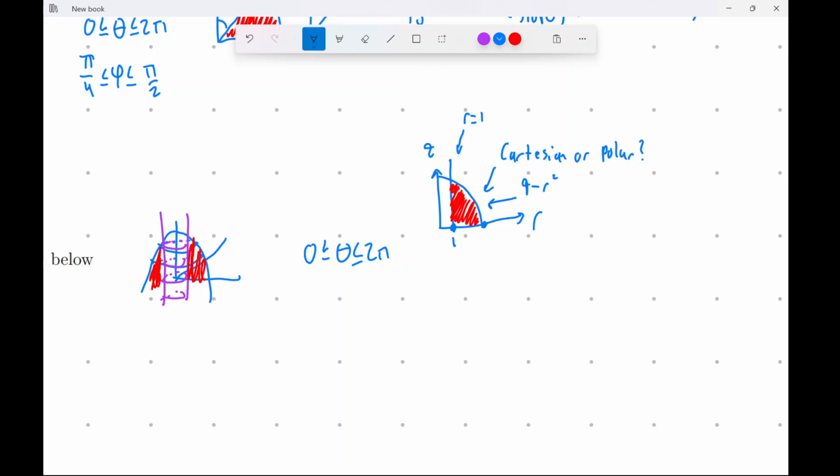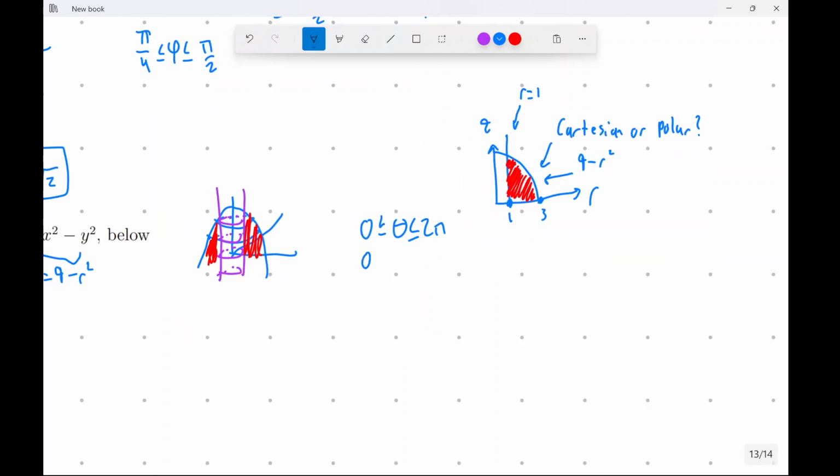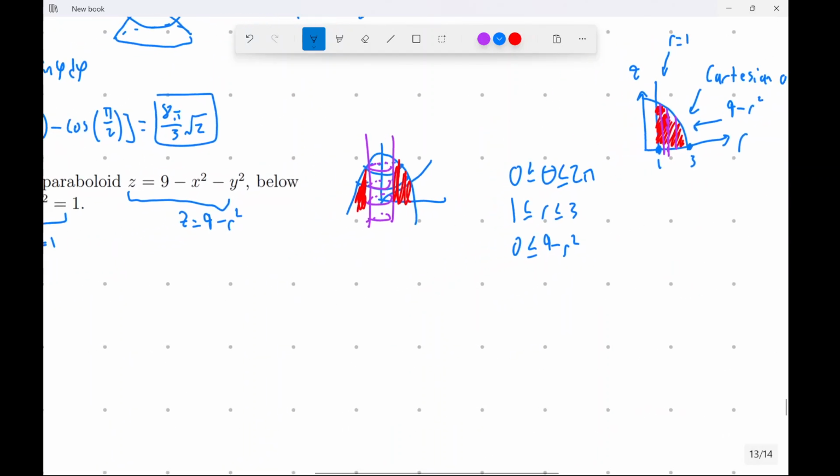That'll be when r is 1 and r is 3. So r is between 1 and 3. And then z goes from 0 along any of these z cross sections. Z is 0, and it goes up to 9 minus r squared.